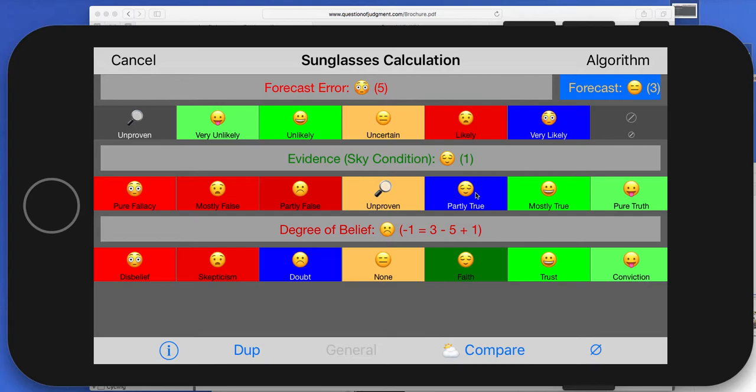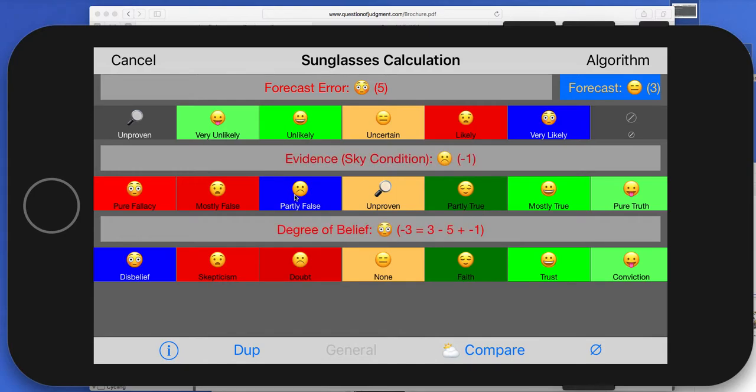So if you think that it's clearing, you'd select the partly true. If you think that threatening clouds are going to be the case in the next 5 or 10 minutes, then your degree of belief would be disbelief.